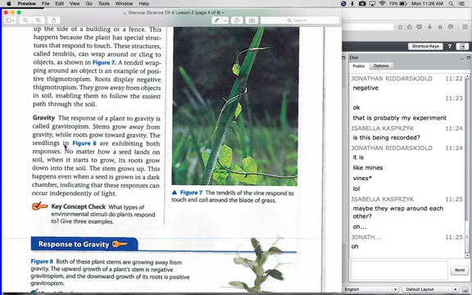There might not even be an upside down or right side up. The roots will grow towards gravity, and the stem will grow away from gravity. You can actually grow this in dark chambers, like underground. This still happens because the plants aren't responding to light, they're responding to gravity.